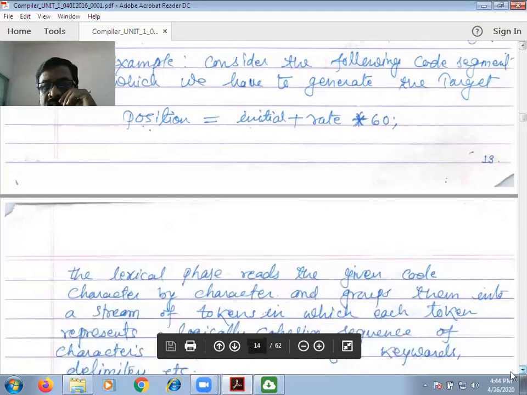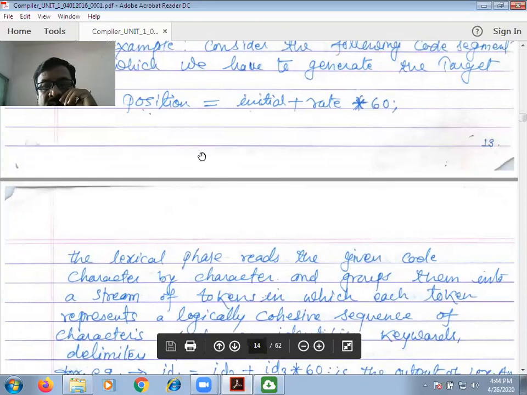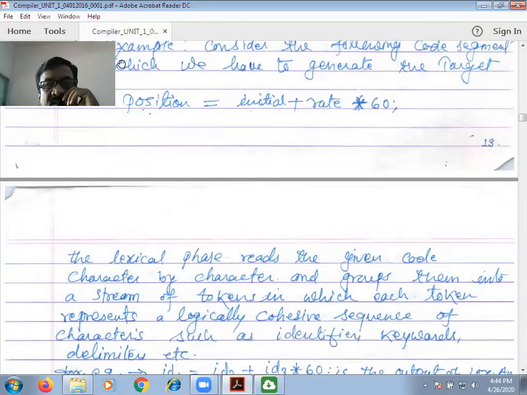But what will be the output of that lexical analyzer, or what will the lexical analyzer do?